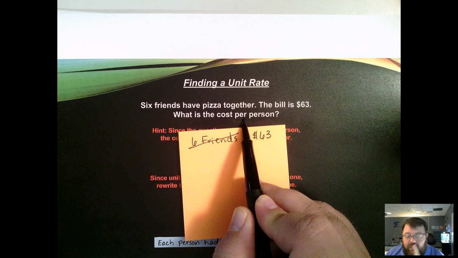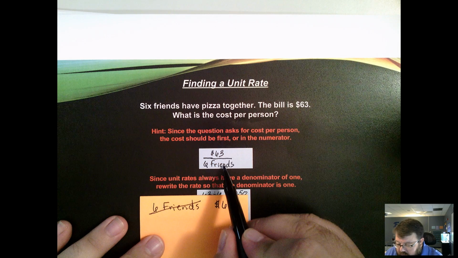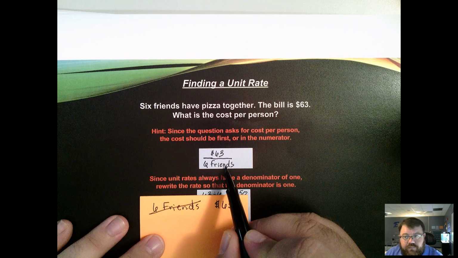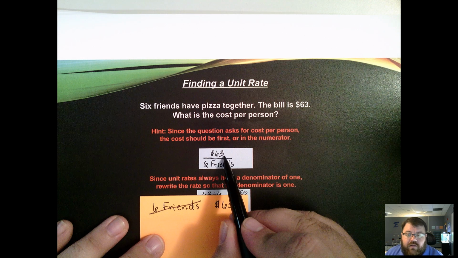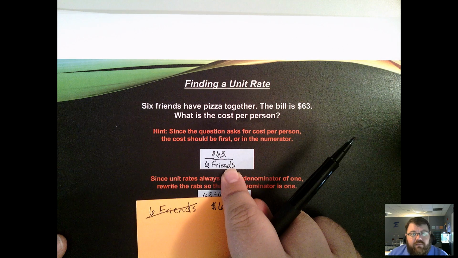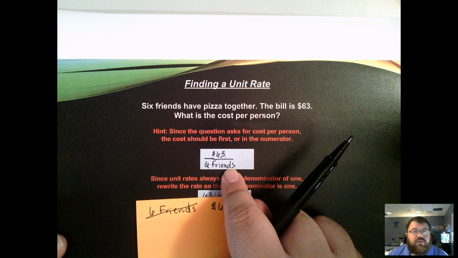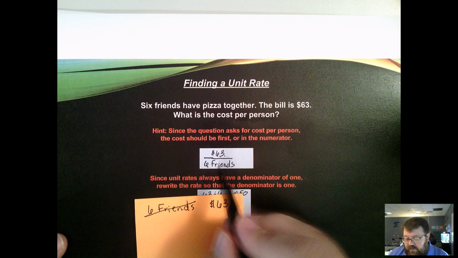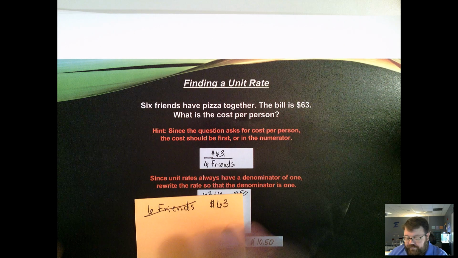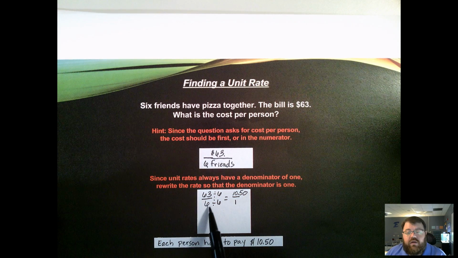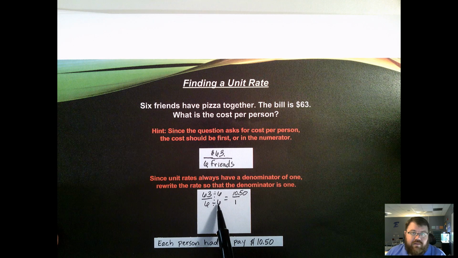So I know that that number has to go in the denominator. Okay? And I put the other number on top. Now this at this point is called a rate. But your question wants to know the unit rate. So we've got to make this 6 a 1.